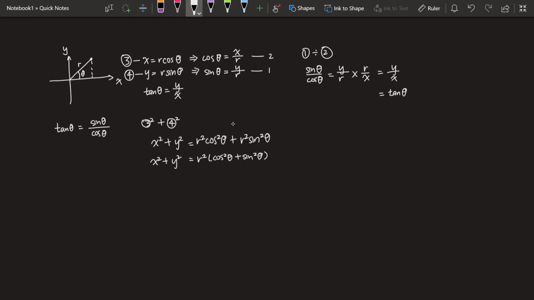So if you consider this, actually x squared plus y squared is equal to r squared, right, by Pythagorean theorem. So we can actually sub this in, so this is equal to r squared.